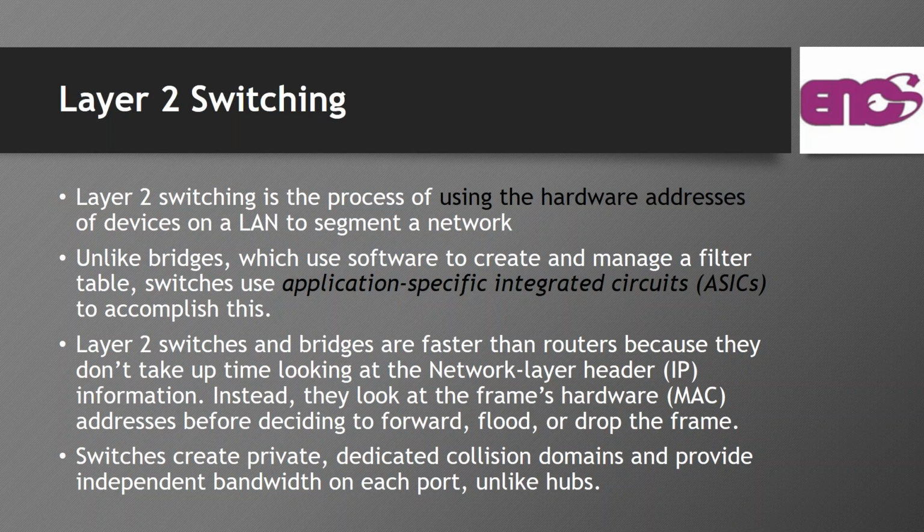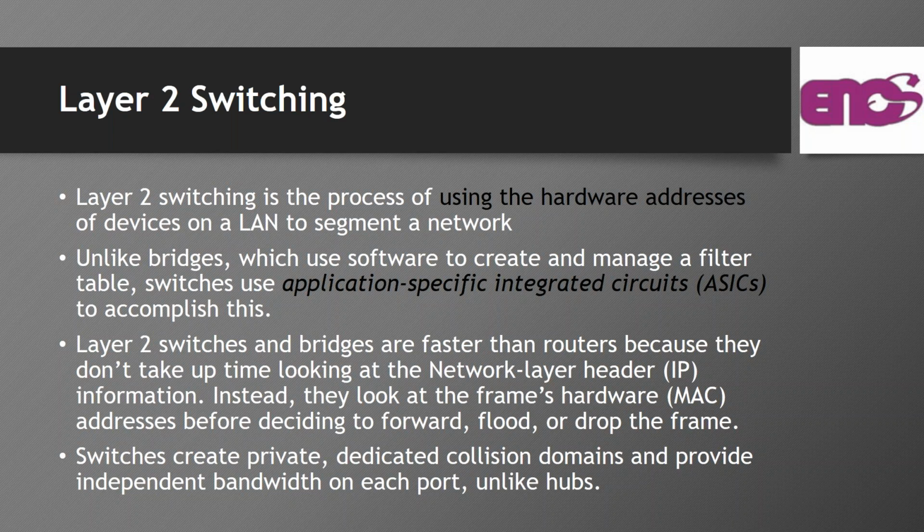Now, when we talk of switching, switching is at layer 2. So anywhere you hear switching, switch, VLANs, all operate at layer 2. So layer 2 switching is a process of using hardware addresses of devices on a LAN to segment a network. Each device, as I explained earlier, has a built-in hardware address called MAC address, media access control.